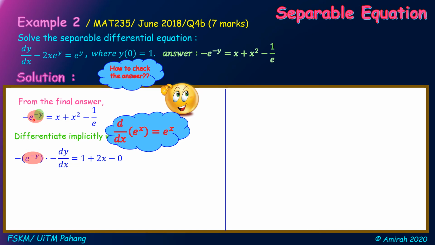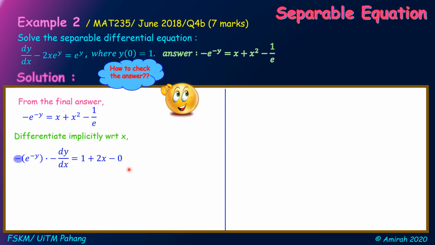The exponent is negative y. When we differentiate negative y, it becomes negative dy over dx. Then we differentiate x, which equals 1. We differentiate x squared using the power rule, which equals 2x. And we differentiate the constant 1 over e. When we differentiate a constant, it becomes 0.